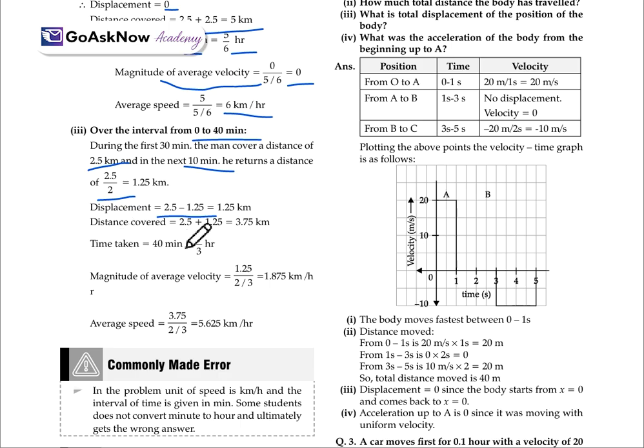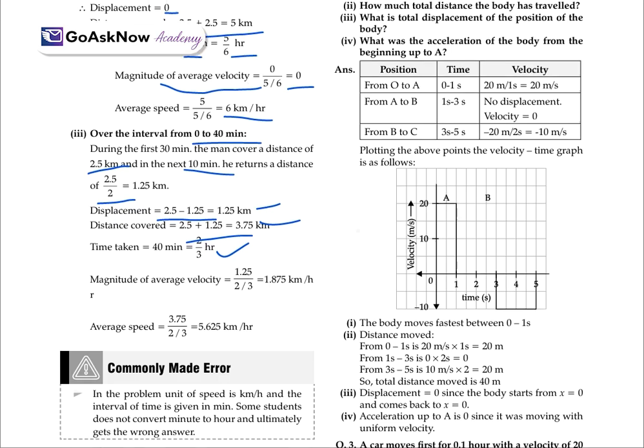Distance covered will be 2.5 plus 1.25, which means 3.75. So the time taken is 40 minutes, which means 2 by 3 hour. Magnitude of average velocity is 1.25 upon 2 by 3, which is 1.875 km per hour. That is displacement upon time. Then for the average speed, it will be distance upon time, and we'll get 5.625.